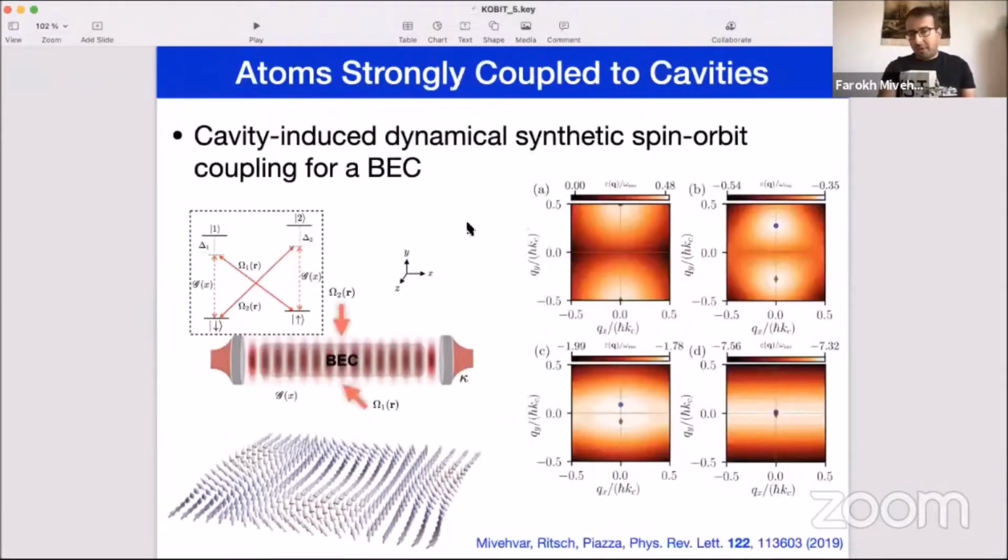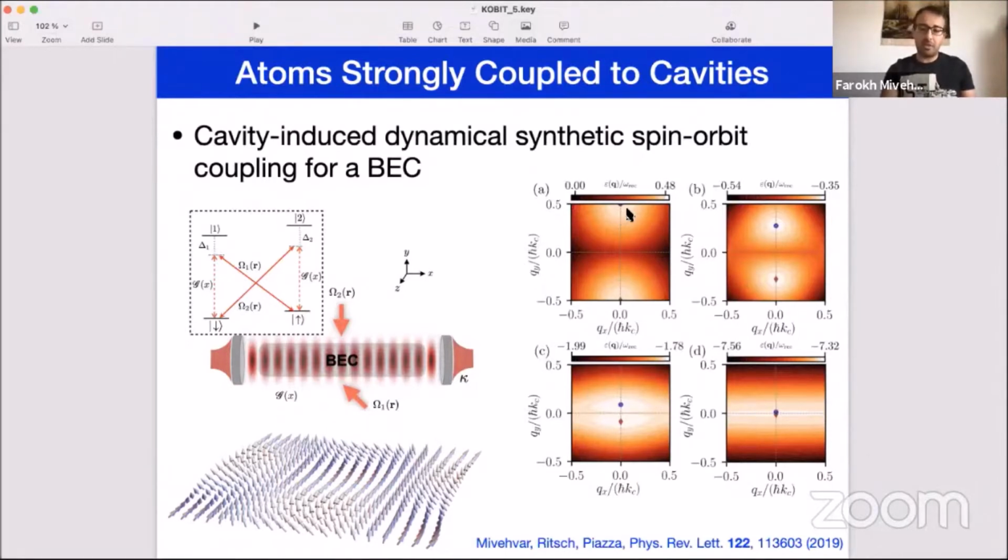For example, recently we showed that dynamical spin-orbit coupling can be induced for a Bose-Einstein condensate inside a single-mode cavity by using two independent Raman channels. We showed that, exactly as one expects, dynamical spin-orbit characteristics appear in the band structure, and this band structure is actually dynamic.